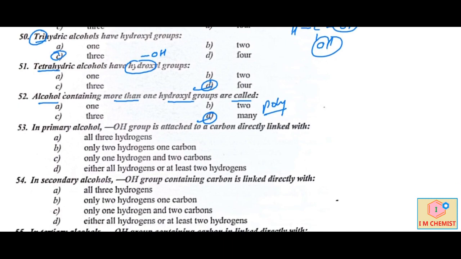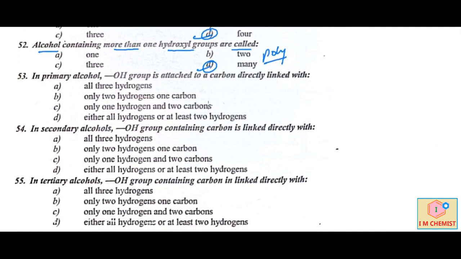MCQ number 53. In primary alcohols, hydroxyl group is attached to a carbon directly linked with what? In case of primary alcohol, this carbon is further attached with only one carbon atom. Hence it is primary alcohol.